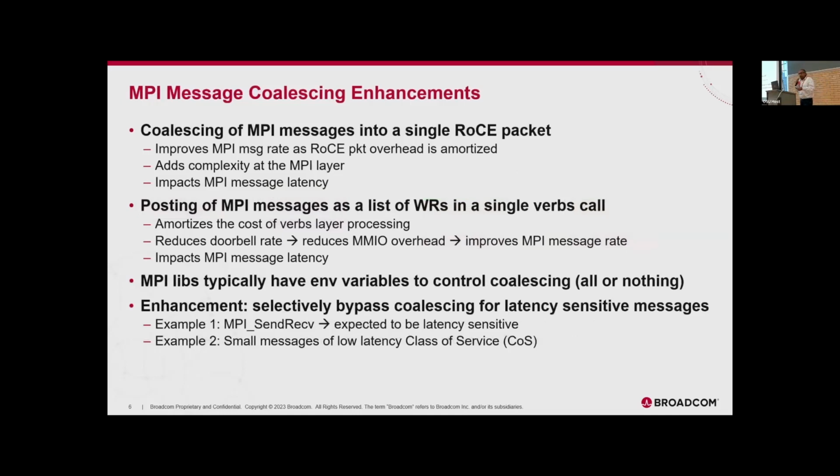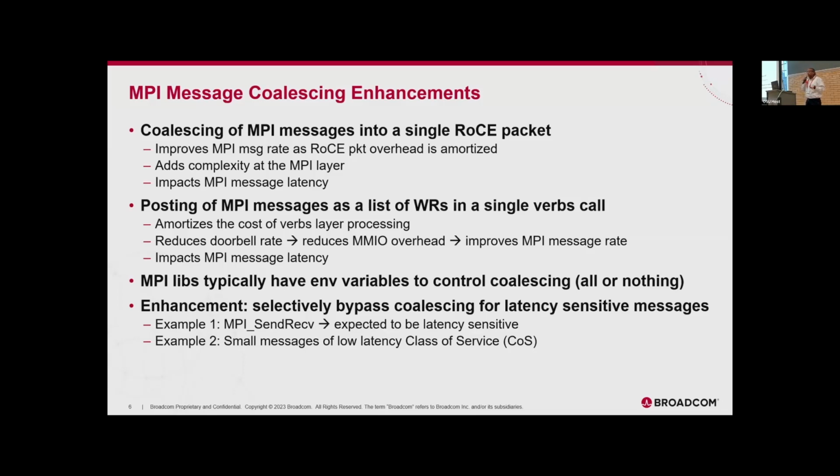Another interesting one here is that most of the MPI libraries have a message coalescing mechanism. As I said, when you get an application message, it's not directly sent on the wire. If these are small messages, they are locally copied inside. Depending on what kind of coalescing logic you have, up to some n number of messages are collected, or after some time, you will start posting those.